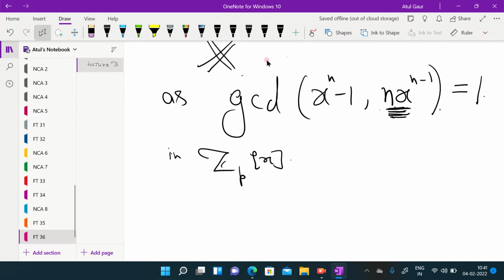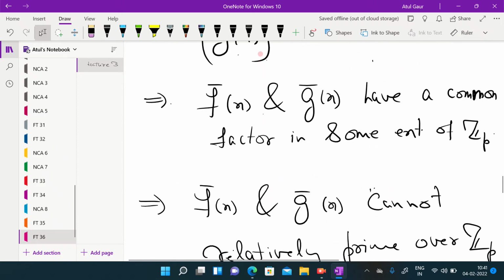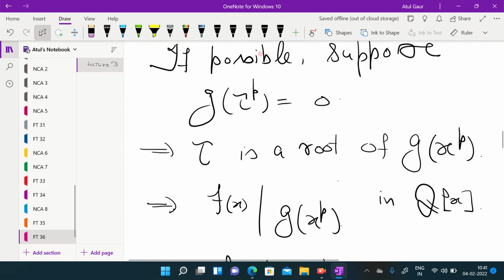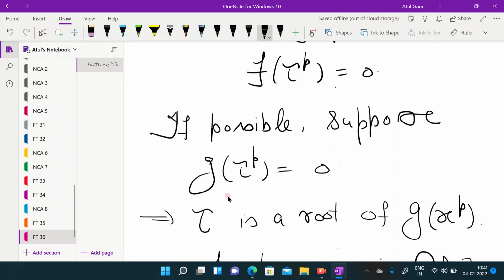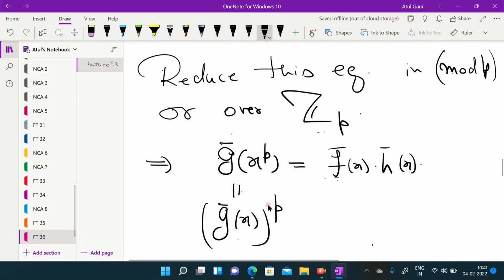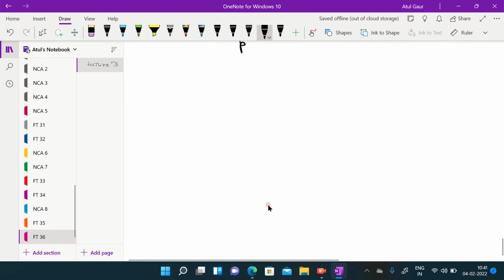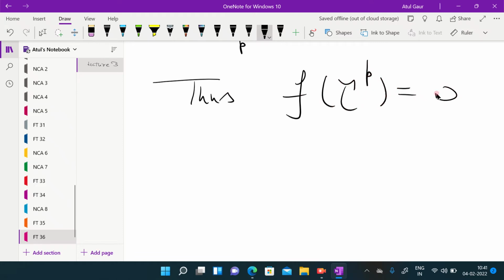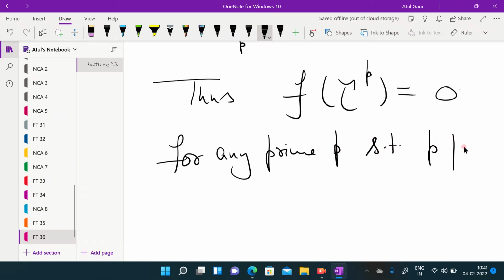So why this contradiction? This contradiction is because you said that g tau p is 0. Is that fine? So that means we have settled our claim. Thus f tau p is 0, and this is happening for any prime p not dividing n.